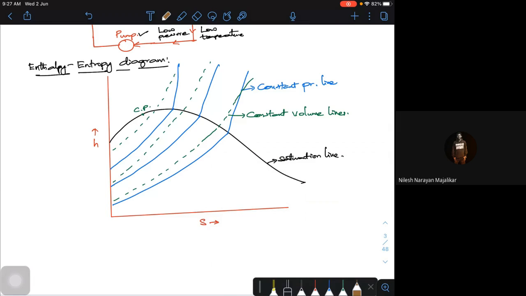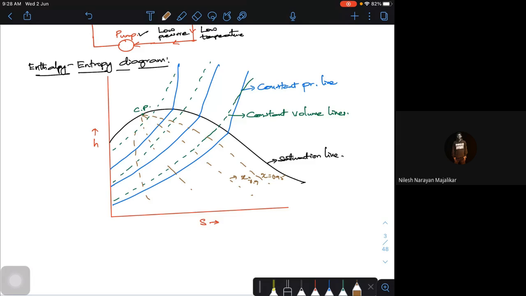So the dryness fraction lines will be going somewhere like this. Something like this. Okay, these are called X, that is dryness fraction lines. So X will be somewhere around 0.95 here. So X will be 0.9 somewhere here. These are called dryness fraction lines.